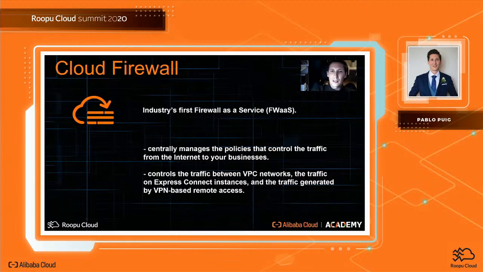So in other words, it basically checks the exposure to the internet and manages the access policies for public IP addresses in a centralized manner. It additionally controls the traffic between VPC networks, traffic on Express Connect instances, and the traffic generated by VPN-based remote access.